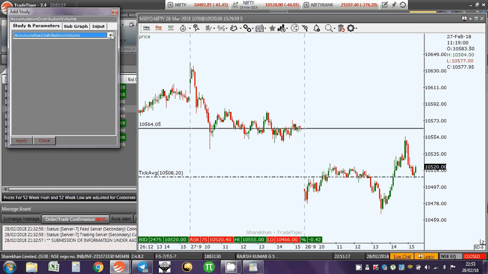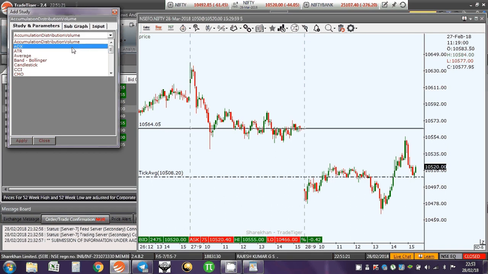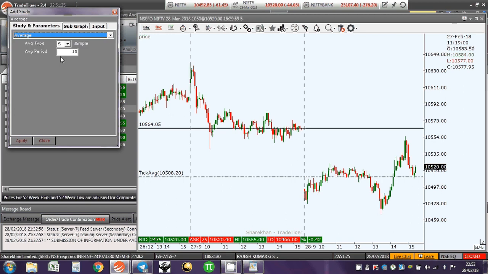Here you can see accumulation, distribution zone, volume, ADX, ATR, average. So click on average. So there are different types of moving averages, simple, exponential, all this stuff. I normally use exponential, so we'll get into practical thing. I don't know how others use, and I use exponential.